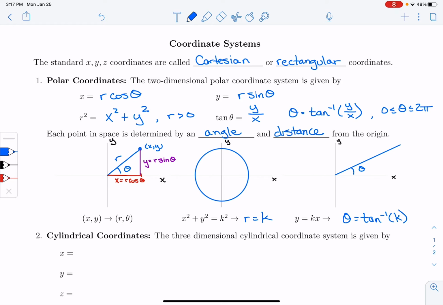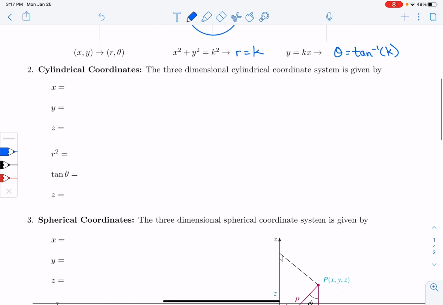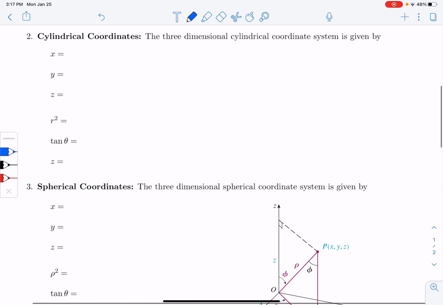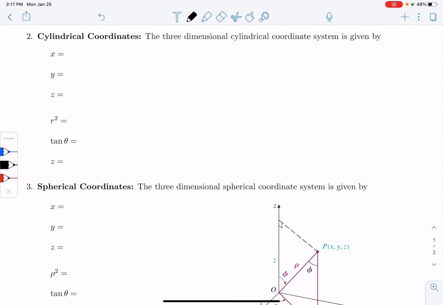Now we can take the idea of polar coordinates and we can expand to 3 dimensions, and those are called cylindrical coordinates. So for cylindrical coordinates, we want to specify a point in 3 dimensions.